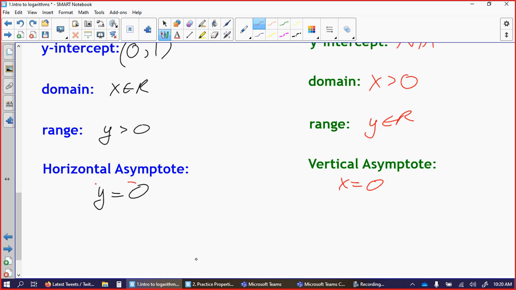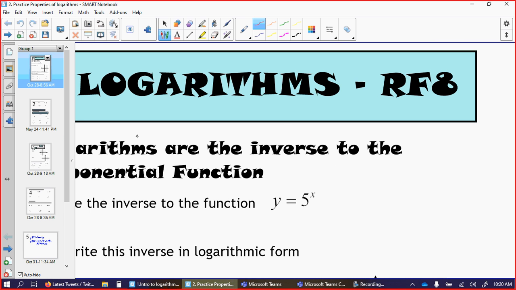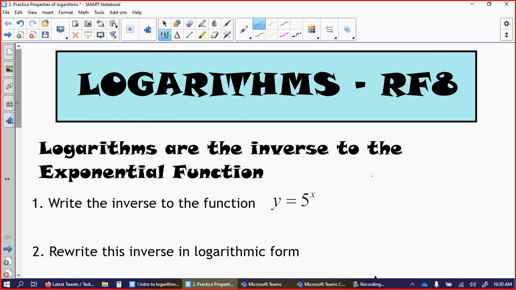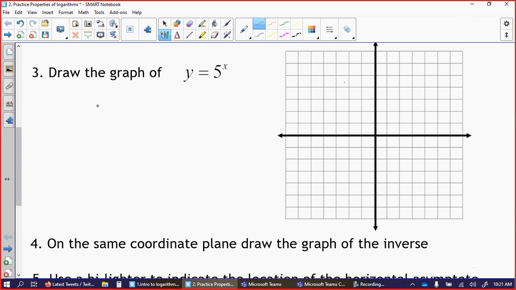So the kind of practice stuff. We go back to here. I'm going to write the inverse of the function, interchange x and y, write it in logarithmic form, and draw the graph of 5 to the x, because the more of this you guys do, the better.